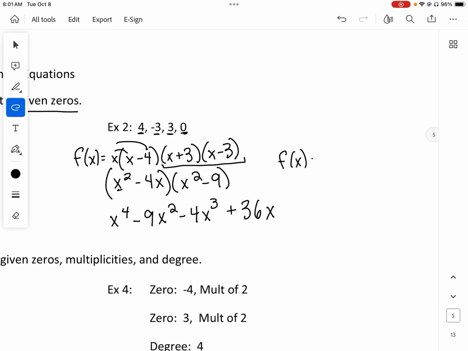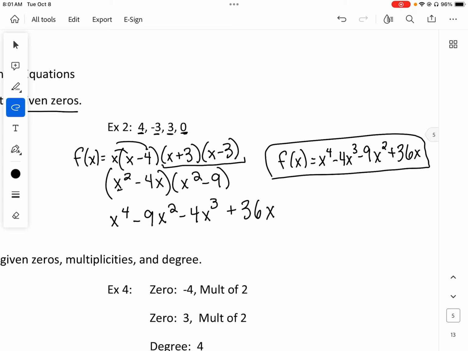So my final answer is going to be x to the 4 minus 4x to the 3rd minus 9x squared plus 36x. There is more than one way to do this, by the way. You can do it in any order you choose. So you just decide what way makes the most sense to you.